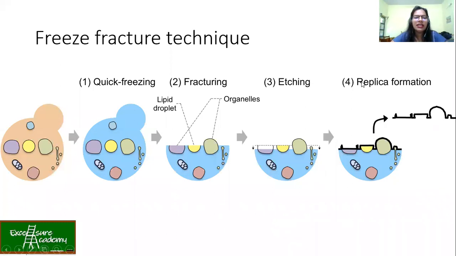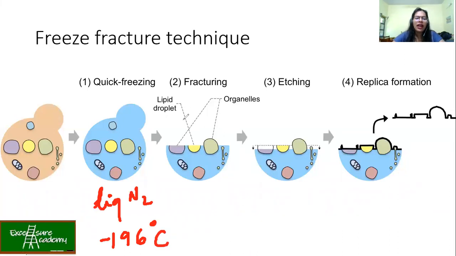So here you can see, you have got the sample. Let's say this is our sample and you have frozen it with the help of liquid nitrogen. Temperature is minus 196 degrees Celsius. Now what you have done is, you can see that after that you are fracturing.